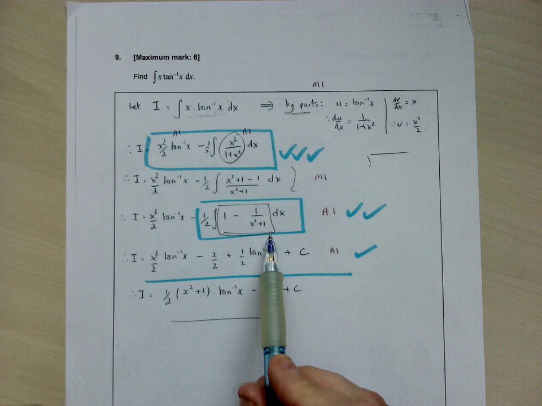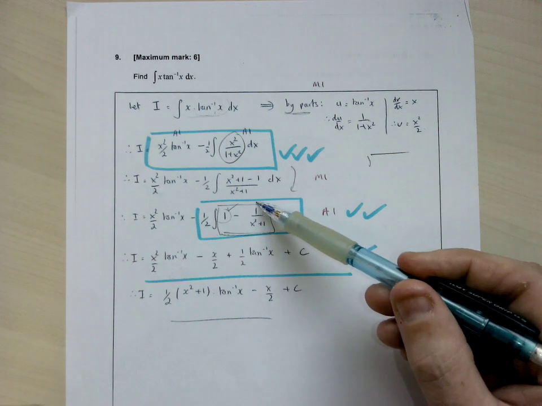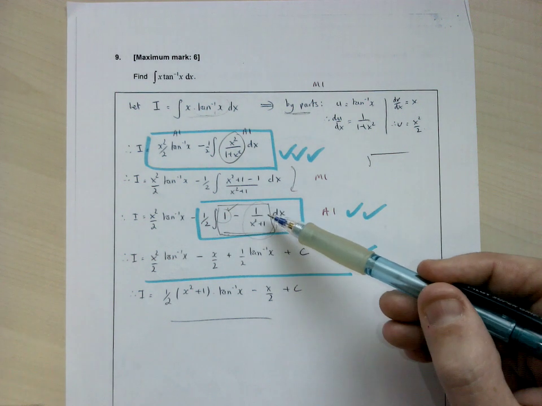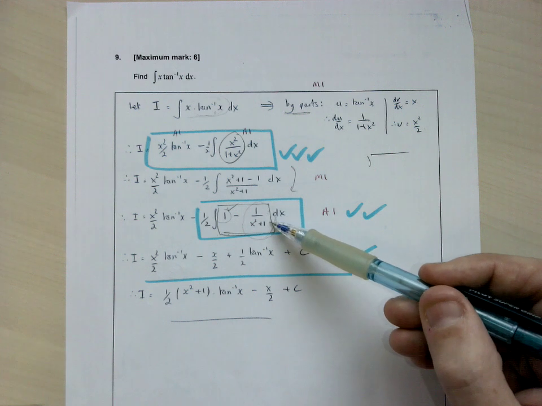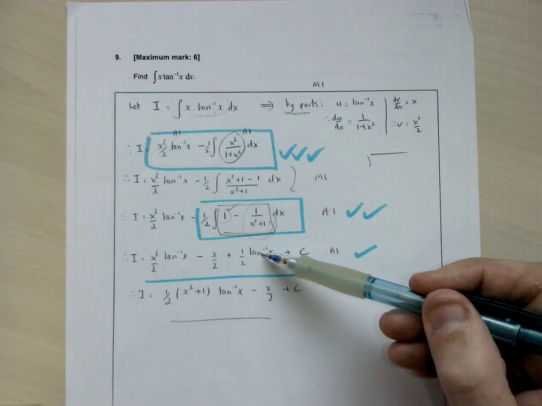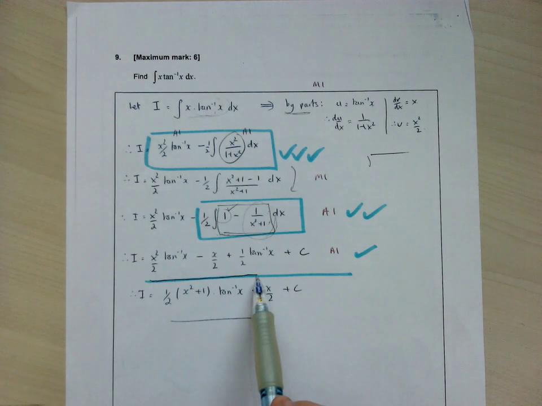Once I'm there, of course, I can integrate 1 quite happily, and I need to recognize that this fraction here is the arctan result in trigonometry. So that's going to integrate to be arctan. I can follow those steps through, and I get quite a complicated looking answer there. So a tricky integration to finish section A.